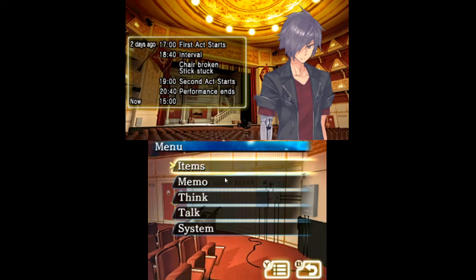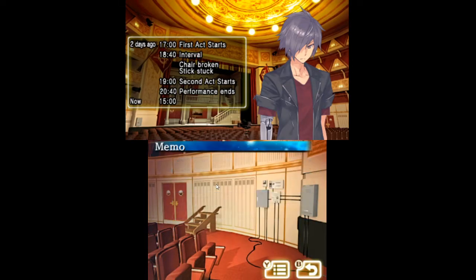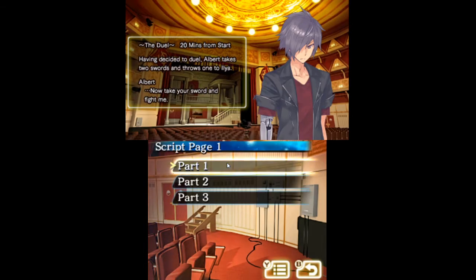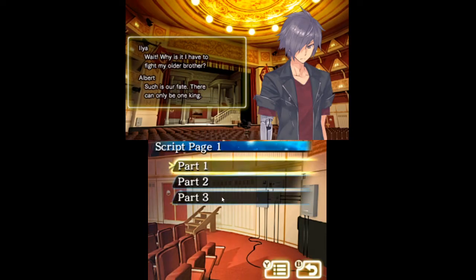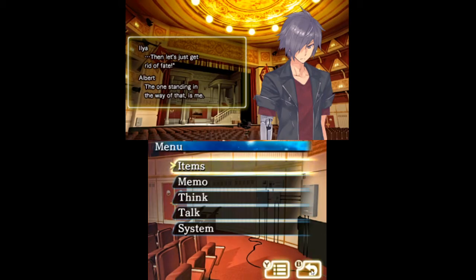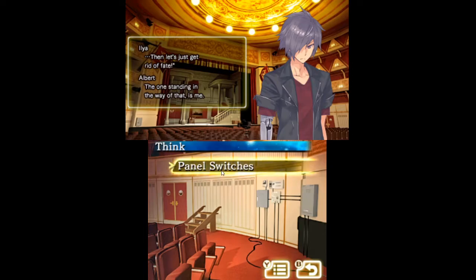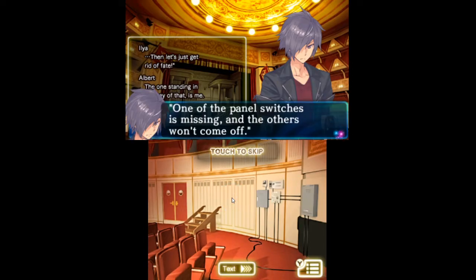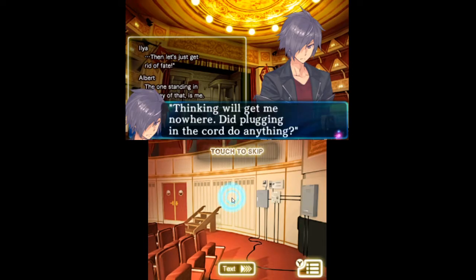No idea. Memo 会有关系吗？这 memo 到底干嘛用的？20分钟 from the start，所以搞了半天，其实这整个 memo 3页就只有这20分钟是有用的，后面那个2页的反而价值更高一点。Panel switches 好来了，One of the panel switches is missing and the others won't come off. Thinking will get me nowhere. Did plugging in the cord do anything?